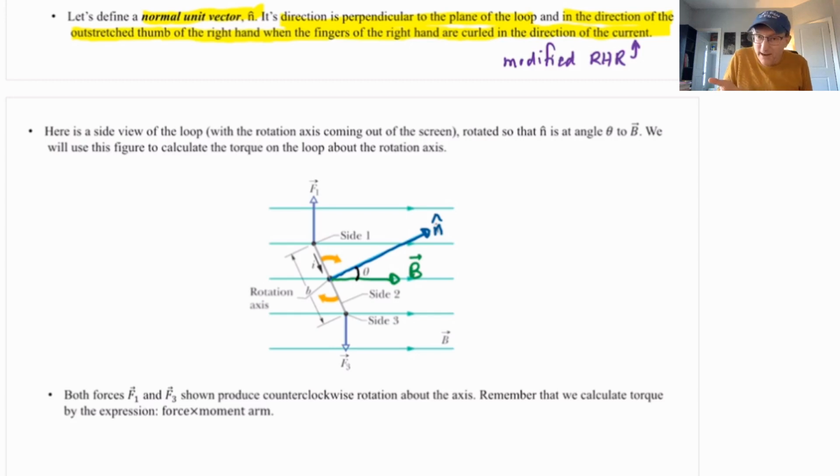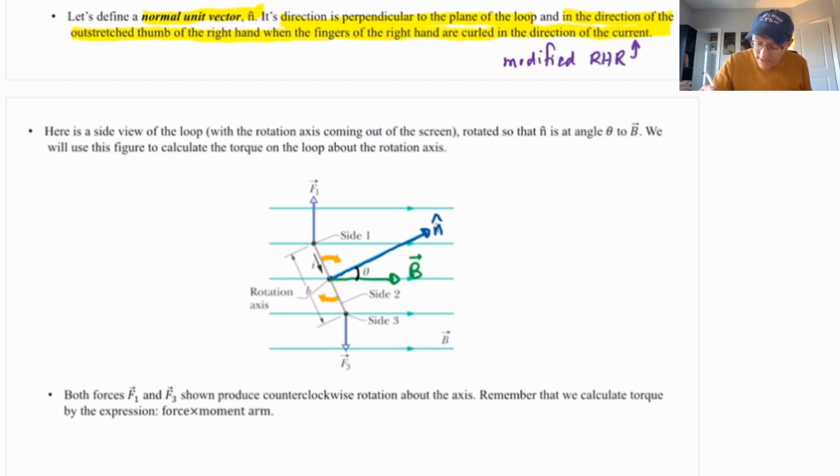You reach with your right hand in, around to grasp hold of the loop, with your fingers curling around the loop the way the current flows. And the n hat has to be perpendicular to the plane of the loop. All right, now, I want to describe what's going on with each of the four sides. Same four sides, 1, 2, 3, and 4, like we talked about in the previous picture. But let's be clear what's happening with each of those sides.